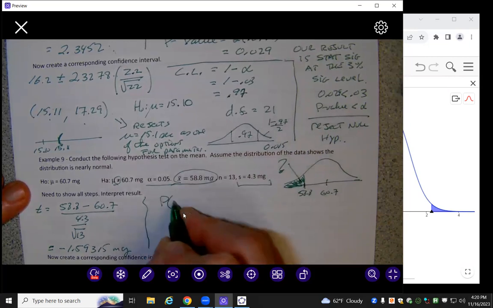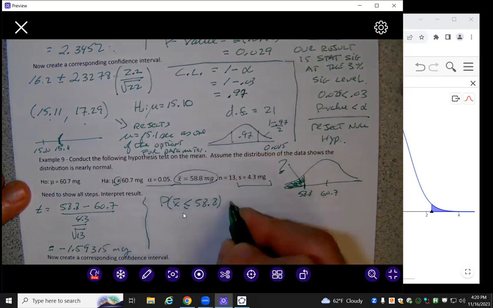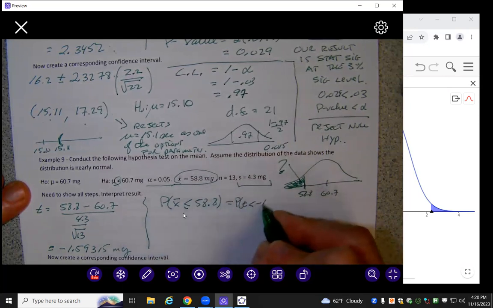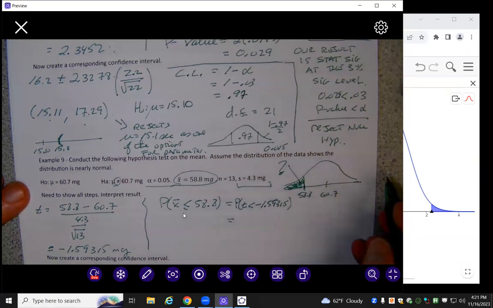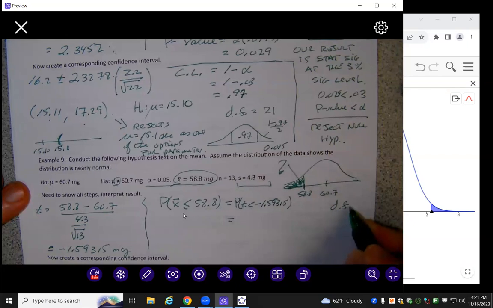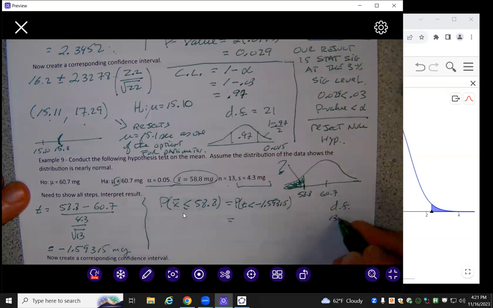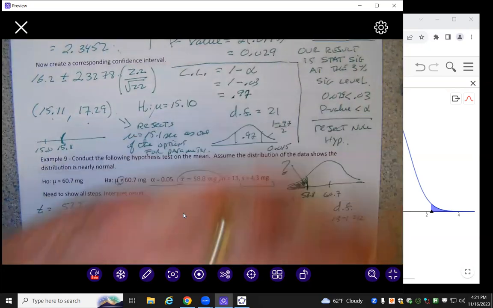So now I'm going to formally write this up. And now, again, my degrees of freedom. What are my degrees of freedom? Degrees of freedom is going to be sample size, 13, minus 1, which is 12. So I got 12 degrees of freedom here.